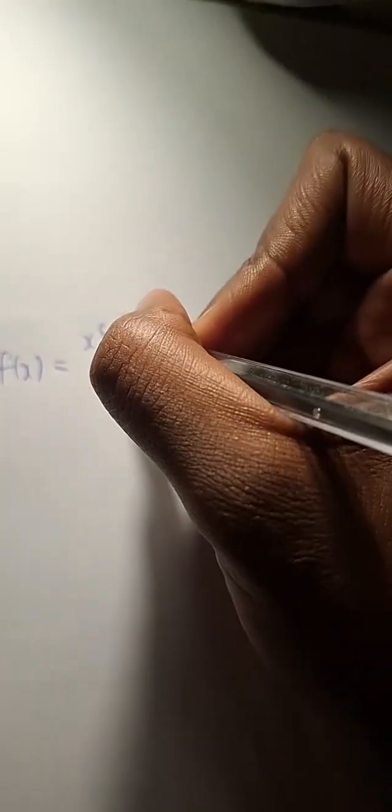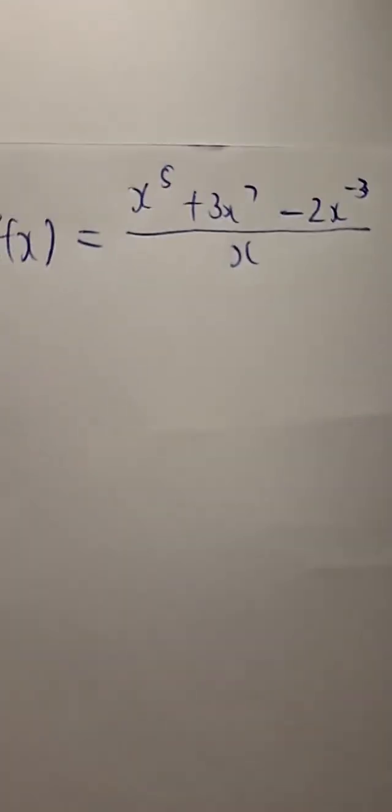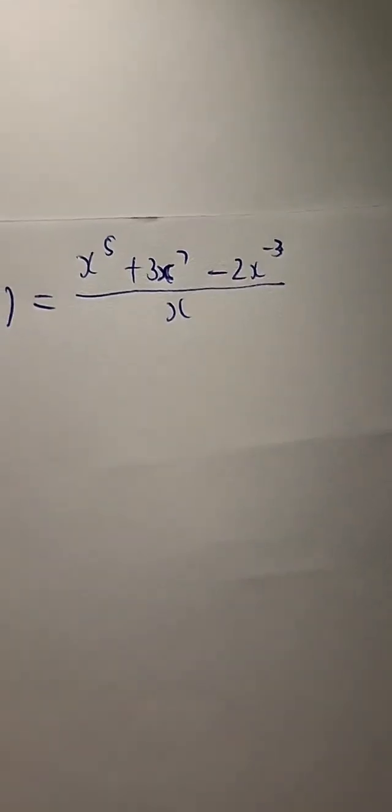So let's go here. This question says f(x) is equal to x to the power 5 plus 3x to the power 7 minus 2x to the power negative 3 over x. And now, you guys, when you look at this problem, you should be able to say to yourself, all right, once again, grade 10.